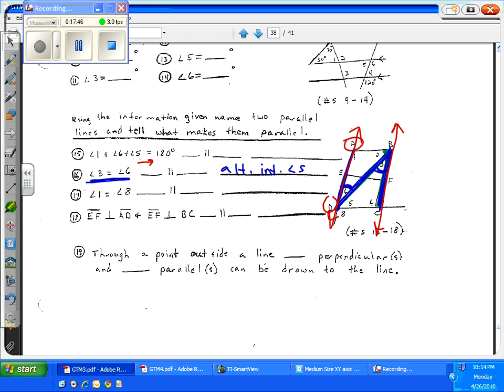So line AD is parallel to line BC, which you could have called CB or BF or FB or FC or CF, you know. Because alternate interior angles are equal. Any questions on that?